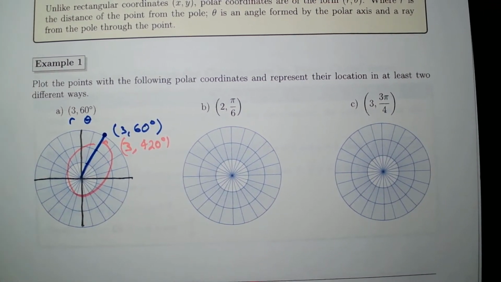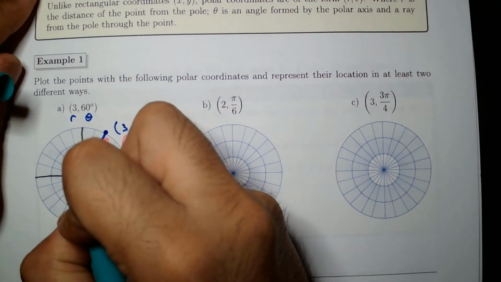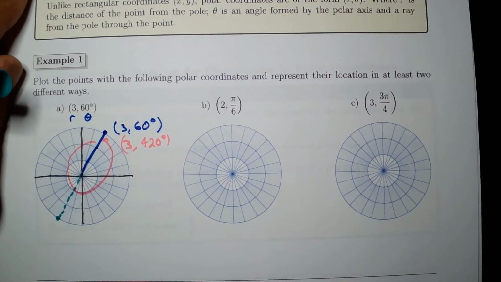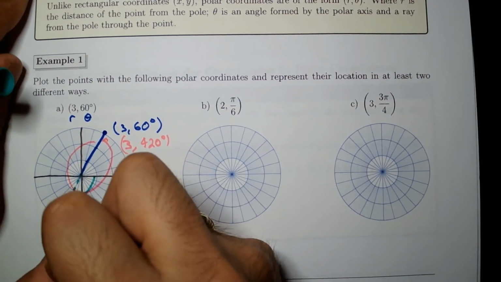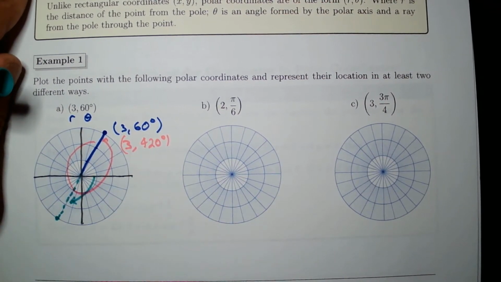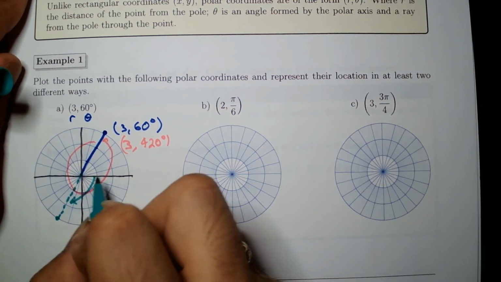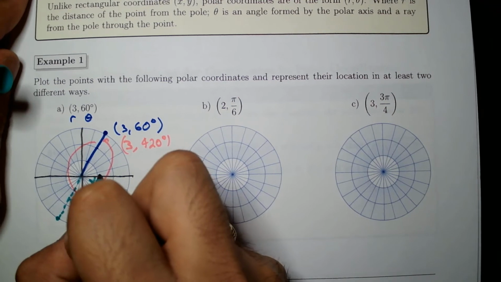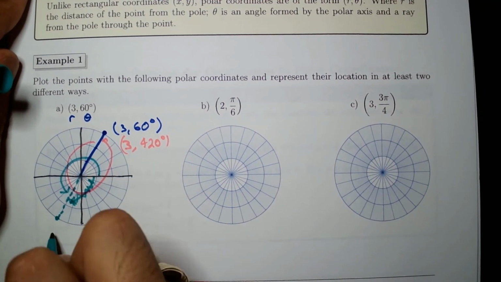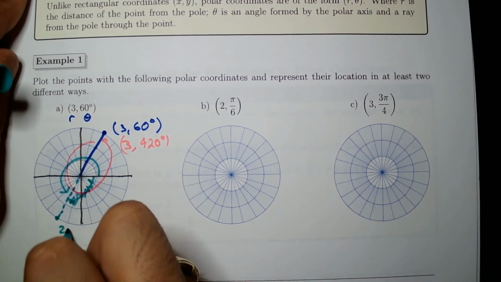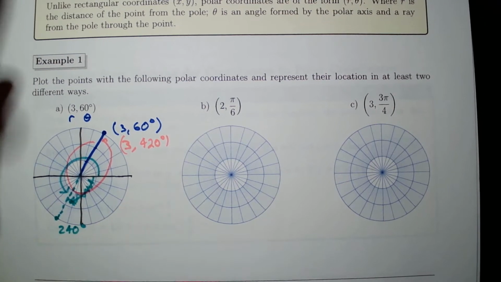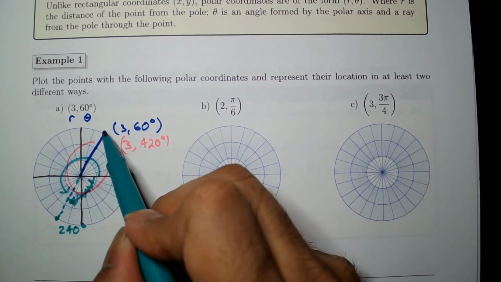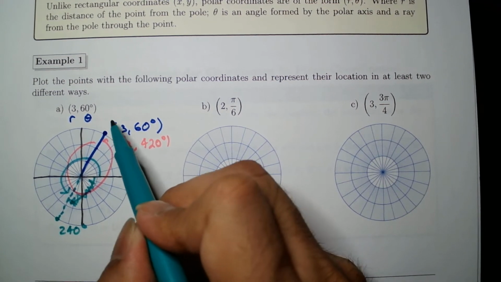Let me use a different color and extend this like this. In this case the angle that gets extended is 240 degrees. But notice the point is not in the same quadrant as the original one.